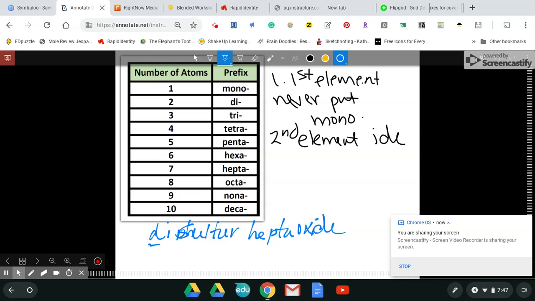Di means I have 2, so S2. Hepta means I have 7, so O7. So you can do it both ways. Now, if I had CO, this is where I'm going to apply that first rule. Carbon, I don't put monocarbon, I just put carbon. Now I do add mono to the second word, monoxide.